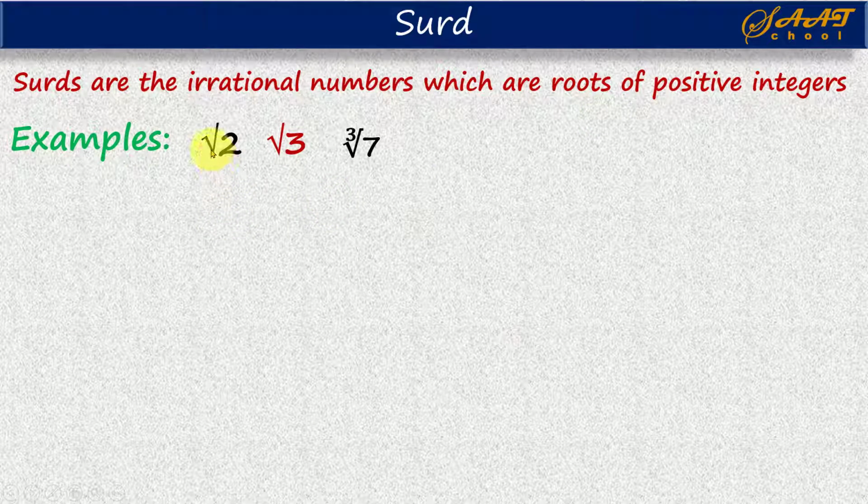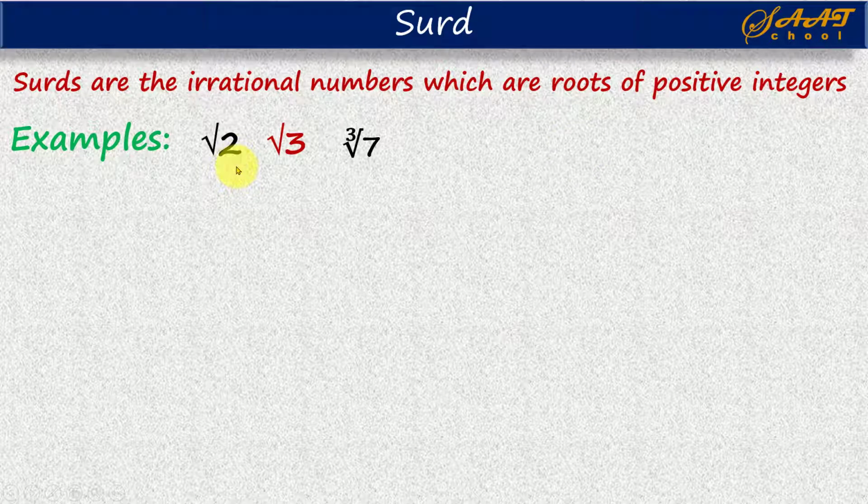So we know this root under 2 is an irrational number, and root under 3 as well as this. All these are irrational numbers. If you find the value, they will be non-repeating and infinite. So here the next property is roots of positive integers.